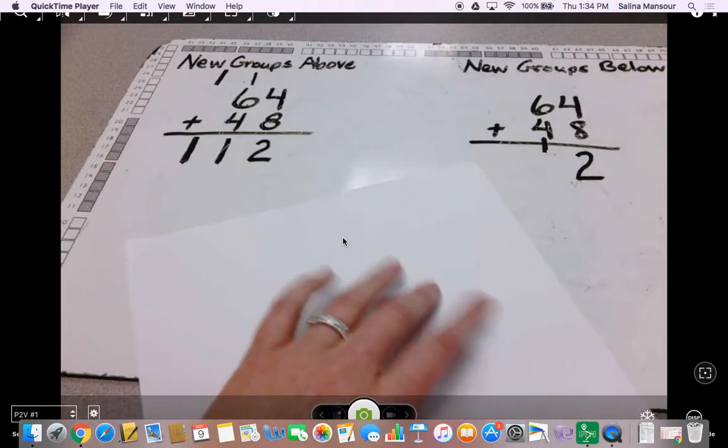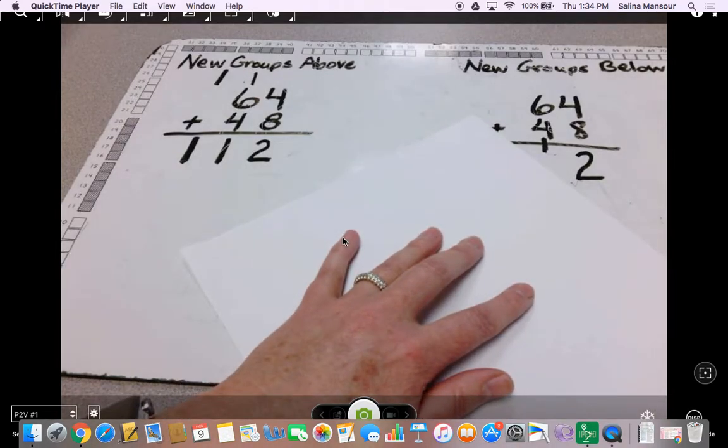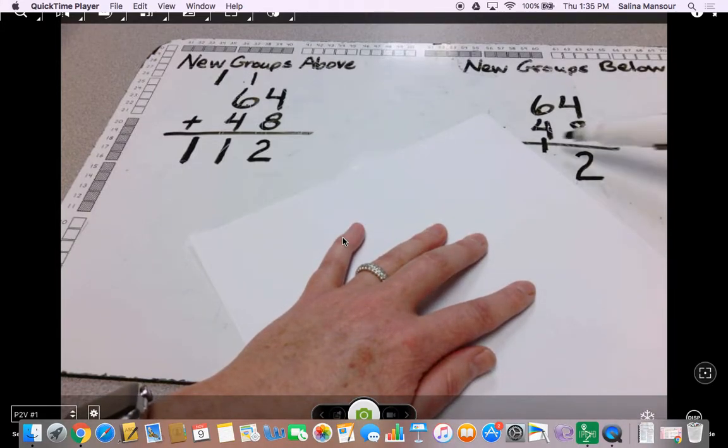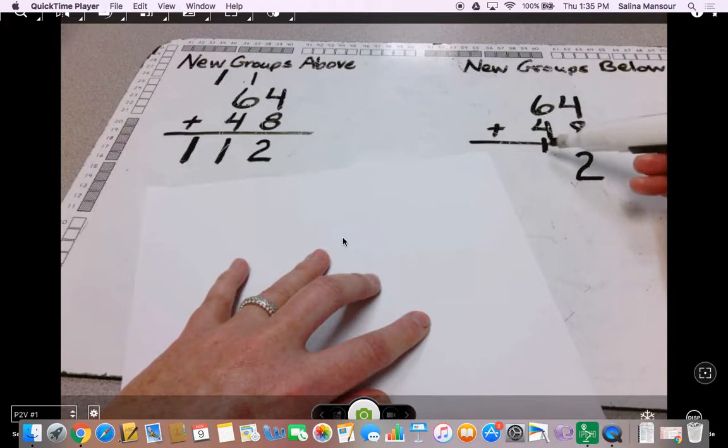And let me show you, now you might be able to understand why some mathematicians decided to put the new group here, because now you can easily see, do you see the 1 and the 2 making a 12? That was easier for some children to picture. So we have 1 10 that we created.